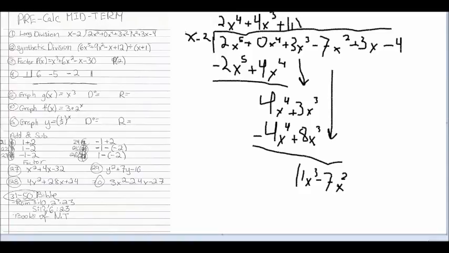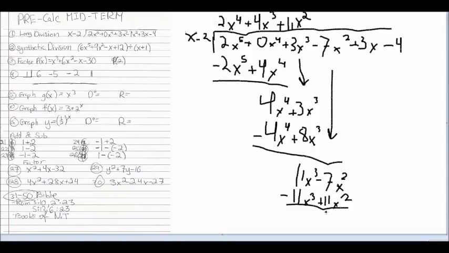So what goes into 11x cubed would be, well, plus 11x squared. Very good. 11x squared times x is 11x cubed. 11x squared times negative 2 becomes negative 22x squared.